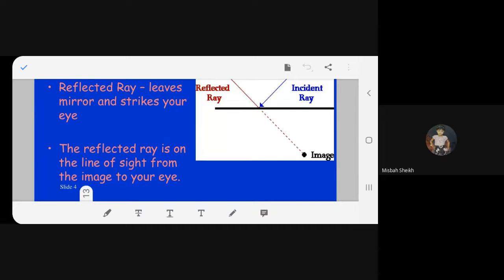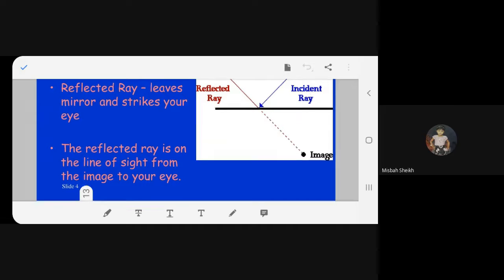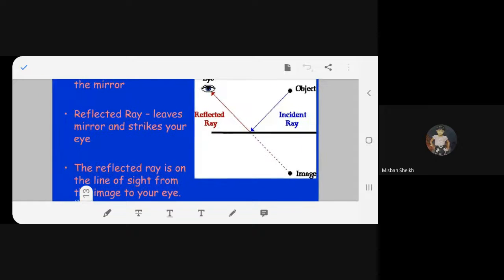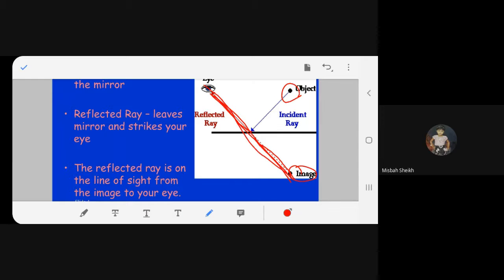See this reflected ray is on the line. The object is this one. Where should the image be? So both are in a line. So the reflected ray and the image are in a straight line. Any problem? No, ma'am.